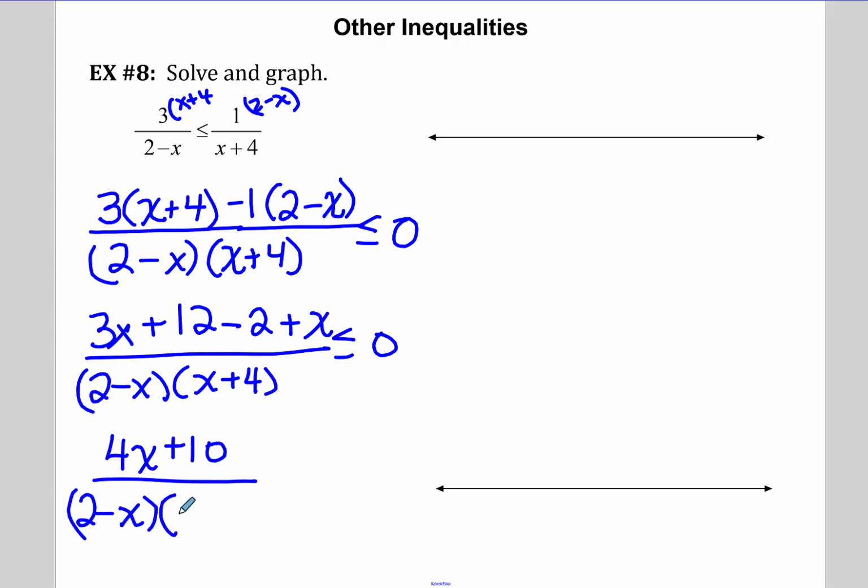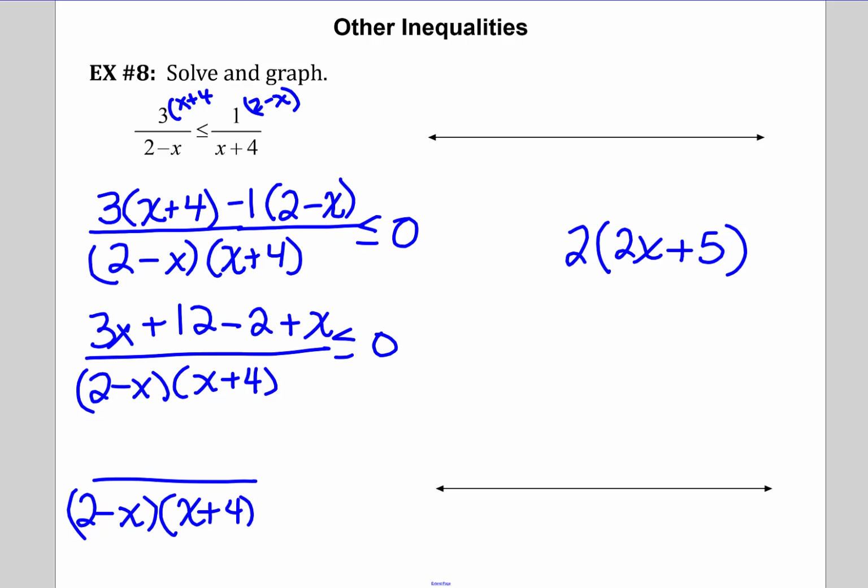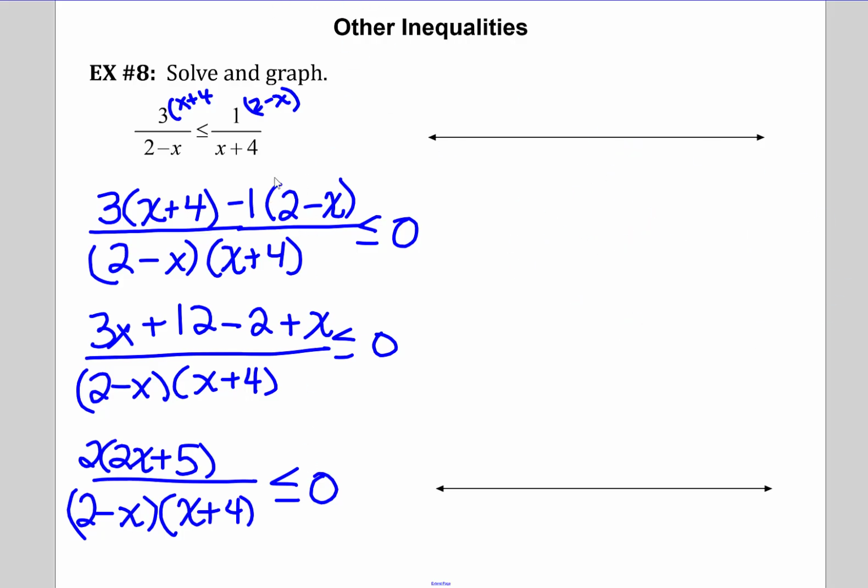Let's see, 4 has a 2 that's common and a 5 that's common. So we could put 2 times the quantity 2x plus 5 in our numerator. And we want this expression to be less than or equal to 0.